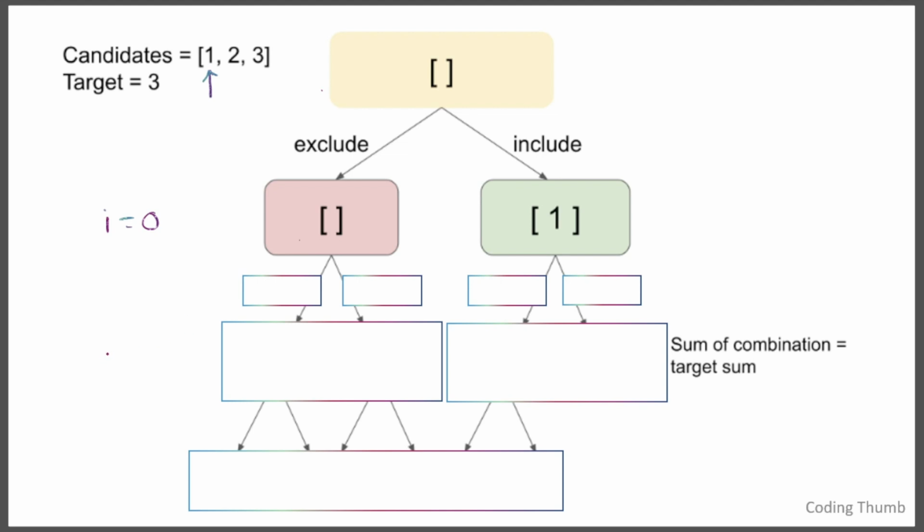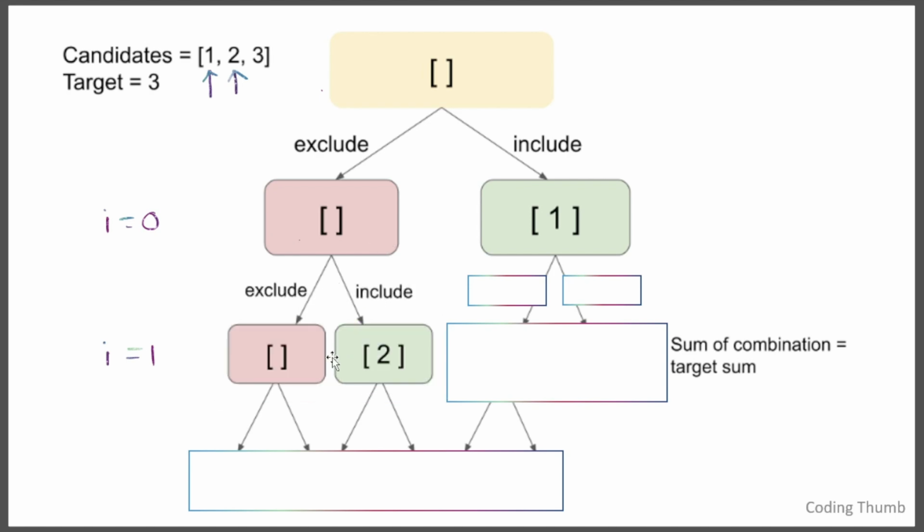Now next, let's say we move to i equals 1, which is the element 2. Again, we can do the same. Either we include that element or we don't include the element in our combinations array. If we don't include it, we still end up with the same empty array.